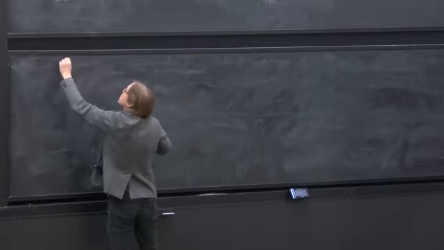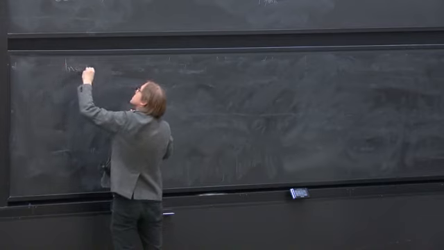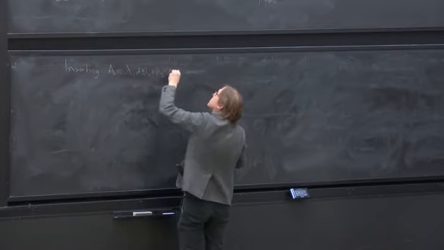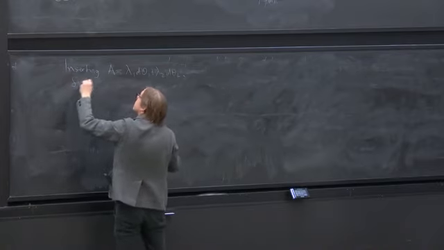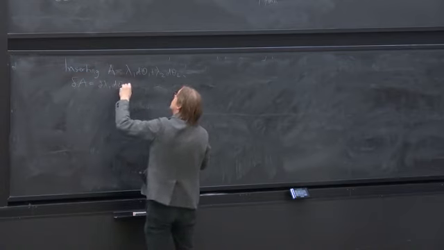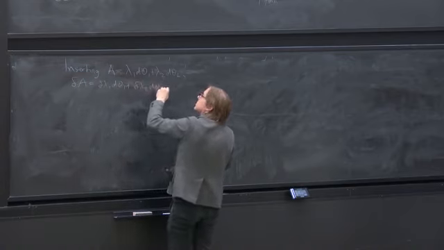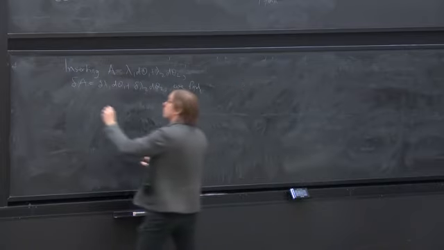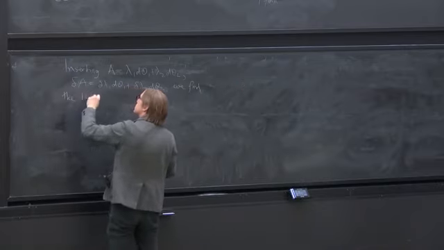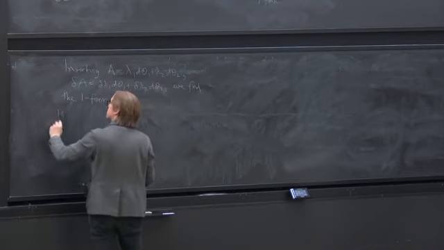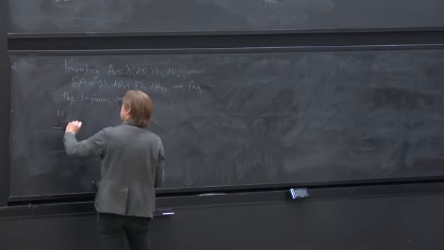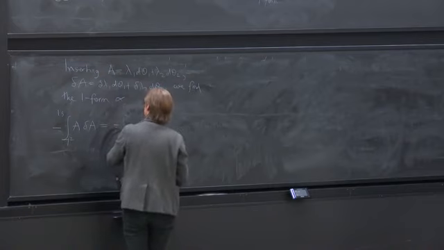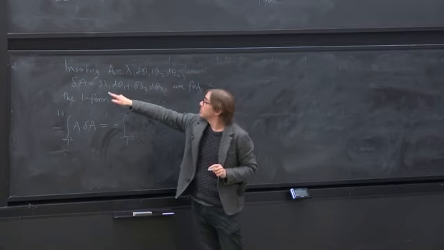Inserting A as lambda 1 d theta 1 plus lambda 2 d theta 2, so that delta A is delta lambda 1 d theta 1 plus delta lambda 2 d theta 2, we find the one form alpha is minus the integral over the 2 torus of A delta A. What do we find?